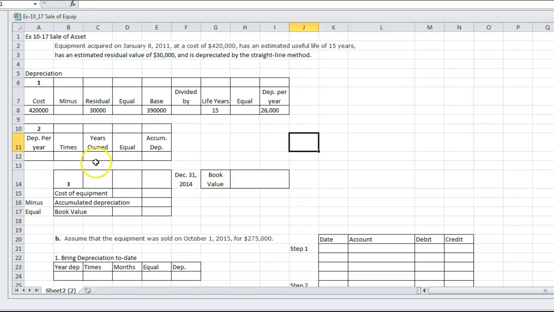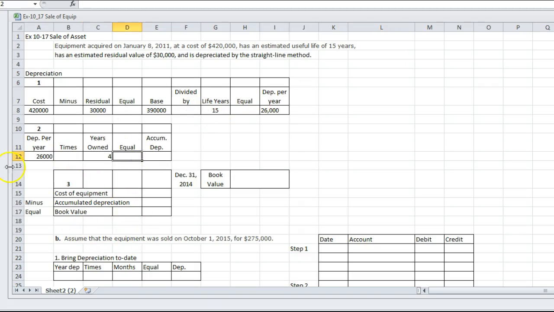So the second year is going to be the same thing, right? And the third year, and the fourth year, and so on. They hold this item for 4 years. And the question asks what the accumulated depreciation is.